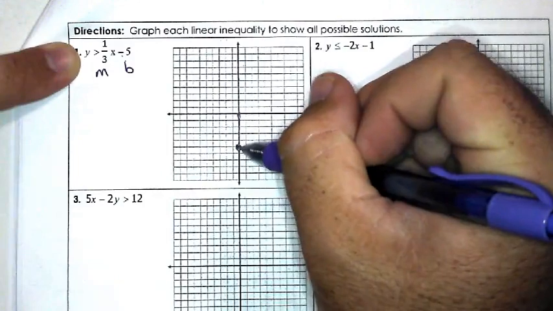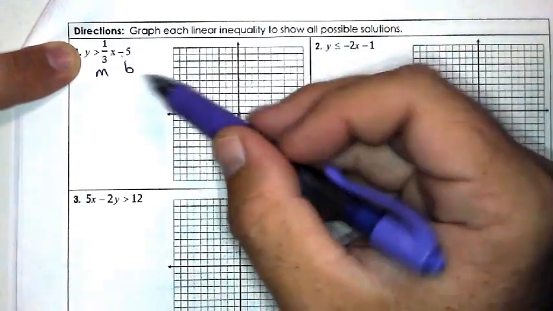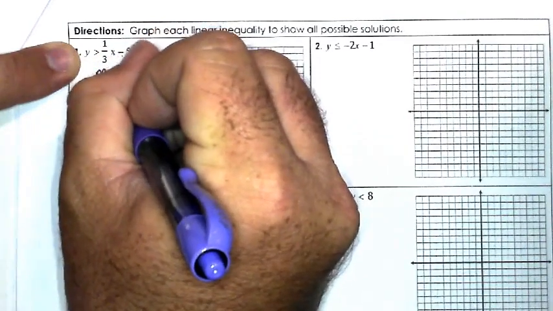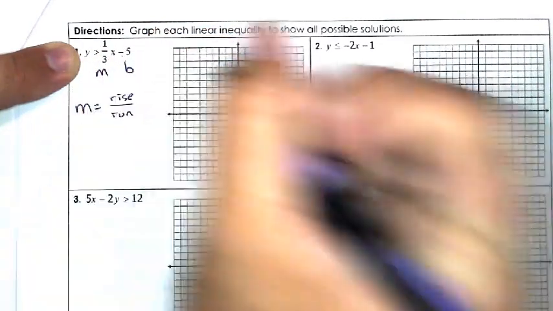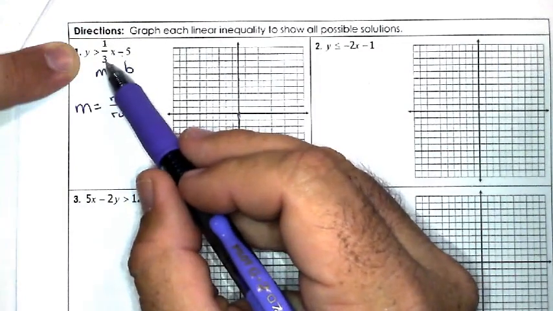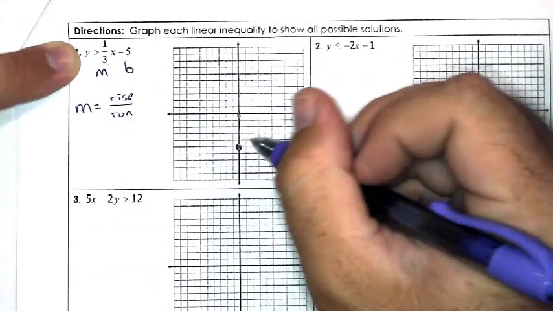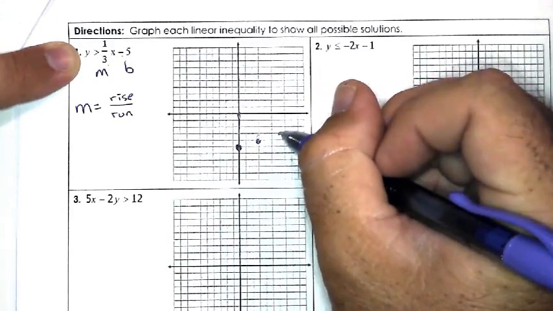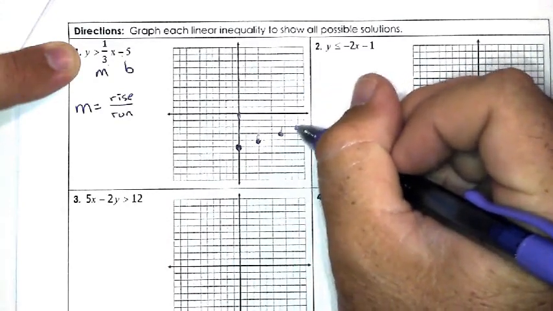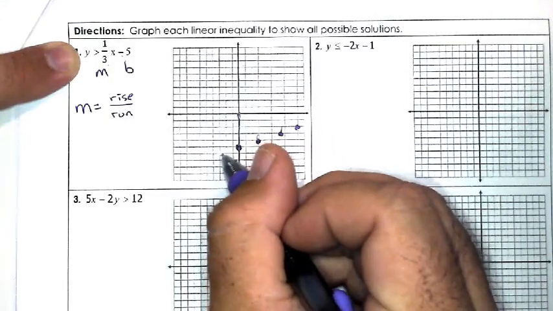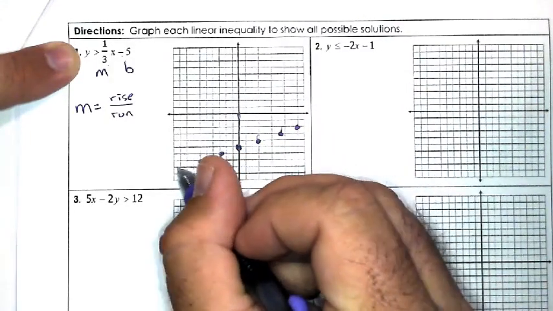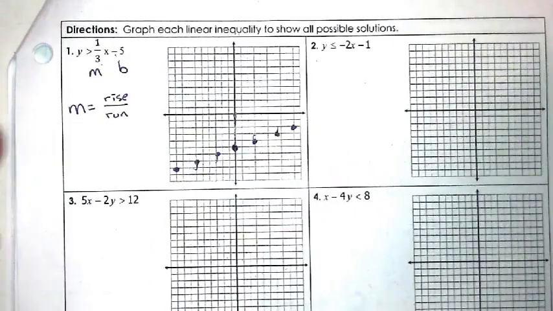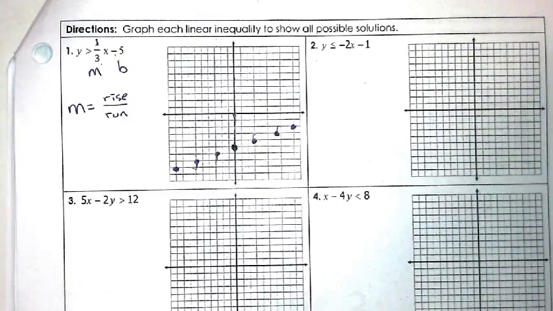Now, slope is rise over run. I have a rise of 1 and a run of 3. So I'm going to go up 1 over 3, and then I work in opposites. Do I need to put this many dots? Technically, no. How many dots do you need minimum? 3. Okay.